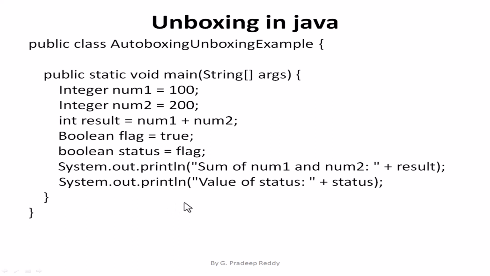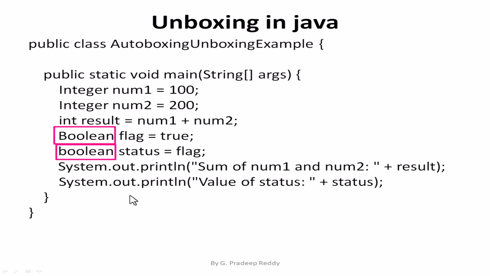Next, we are going to see another example which uses a boolean value. Generally, whenever you write the small boolean, it is considered a primitive data type. Whenever you write the capital Boolean, it is treated as a wrapper class.